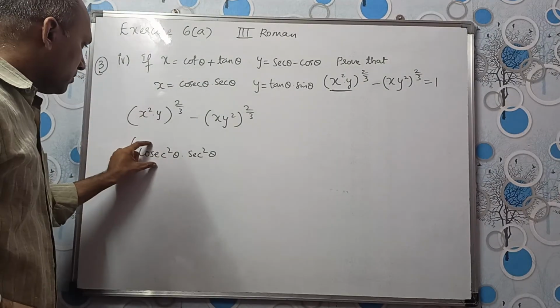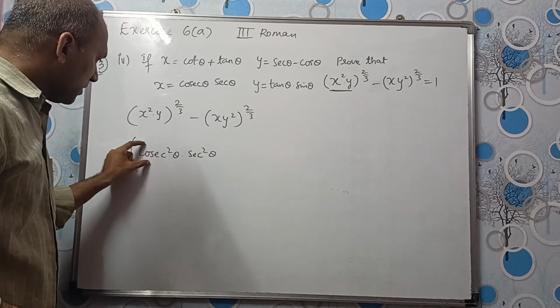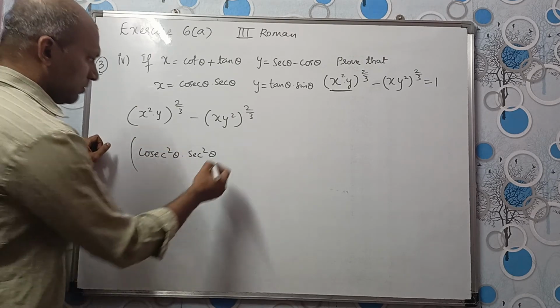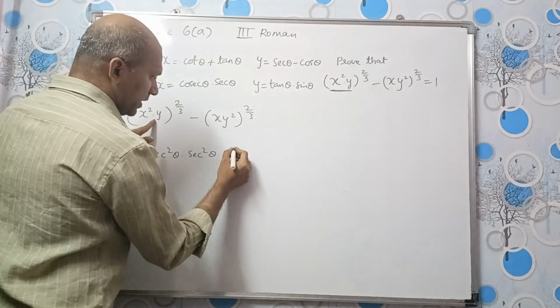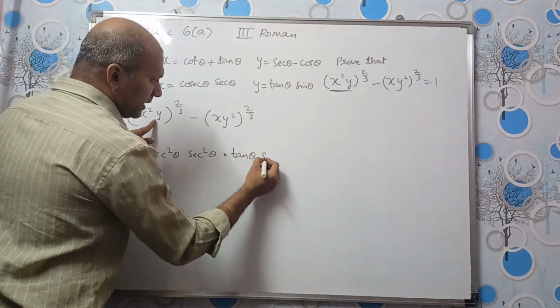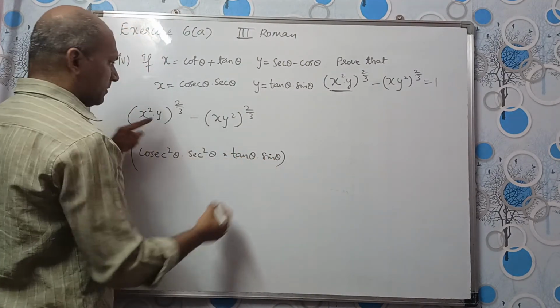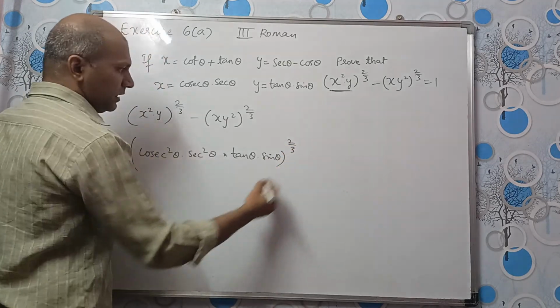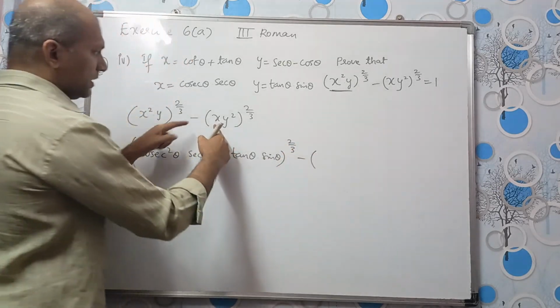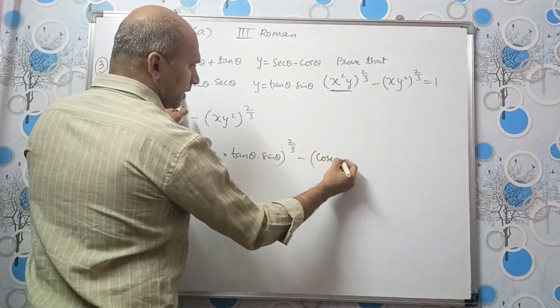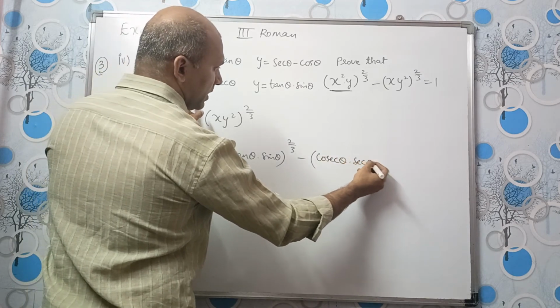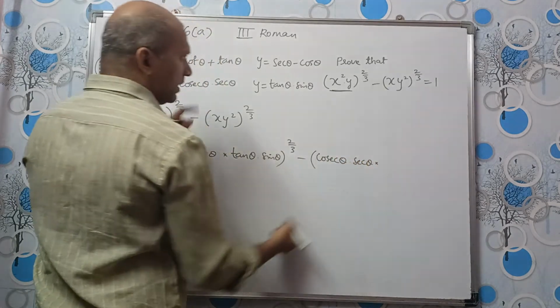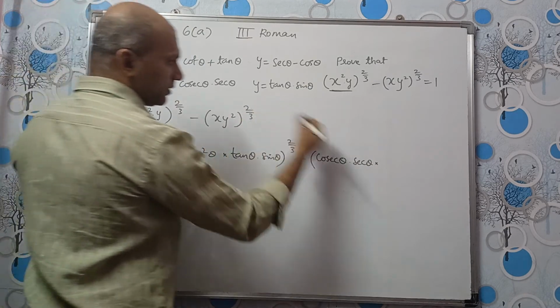Multiplied by y, what is the value of y? It is tan theta multiplied by sin theta, whole power 2 by 3, minus x, which is cosecant multiplied by secant, multiplied by y square.